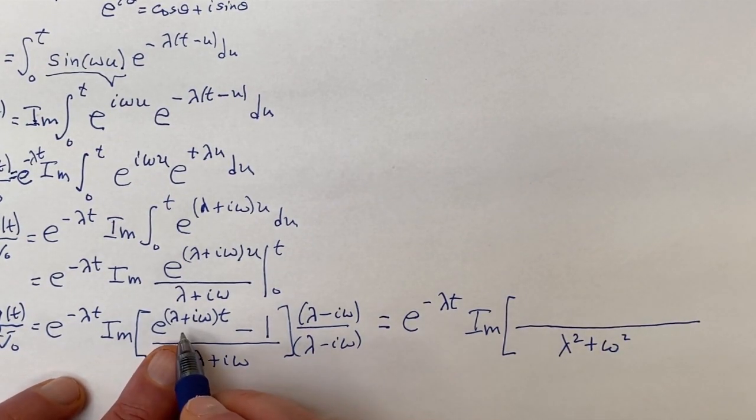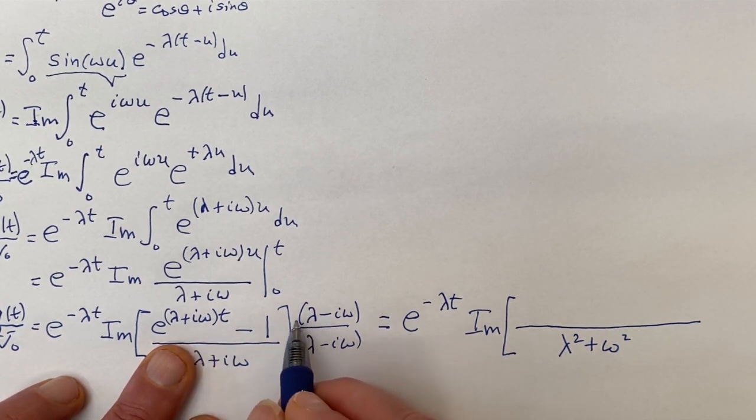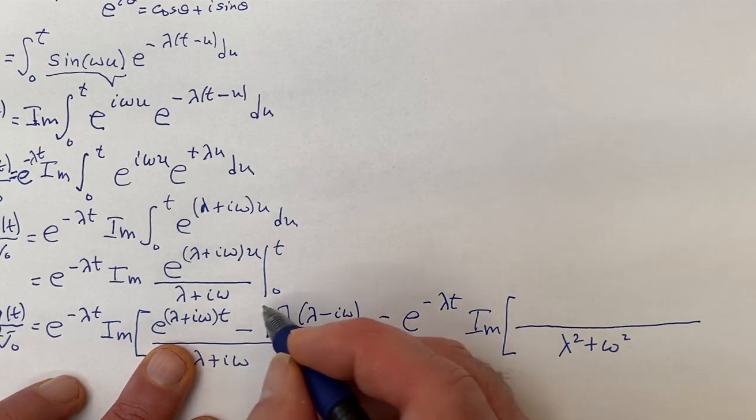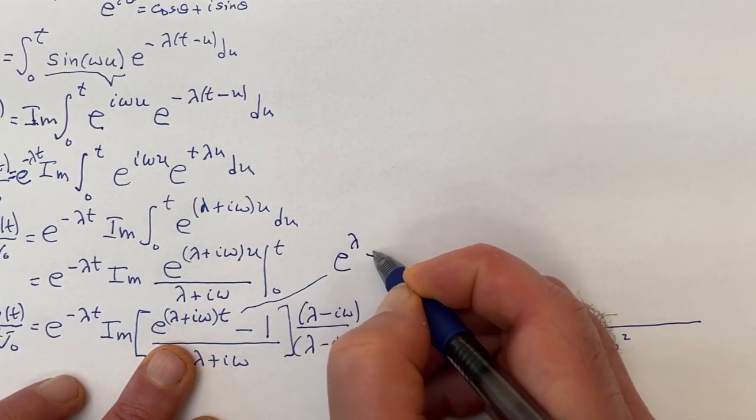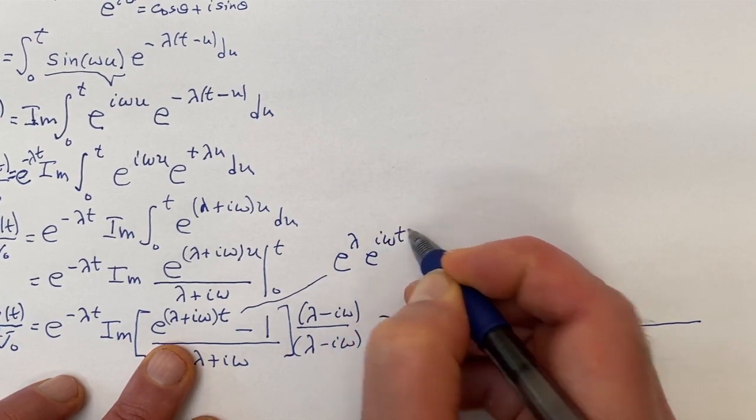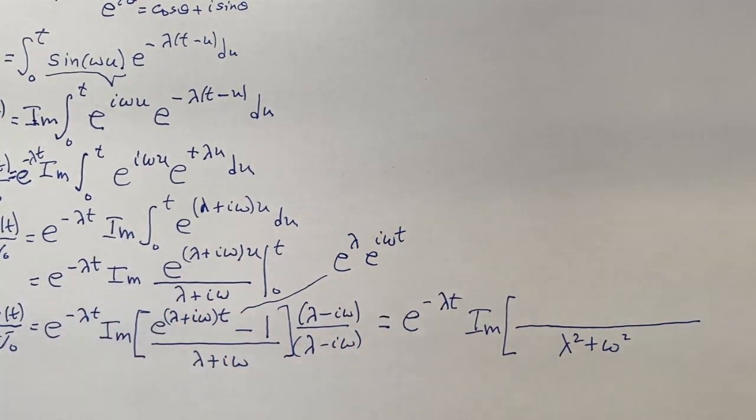And then upstairs, first of all, this whole thing up here is going to be multiplying the lambda. How about if I write this top one out? I'd rather just write this out as e to the lambda t and e to the I omega t. I like to separate that out.